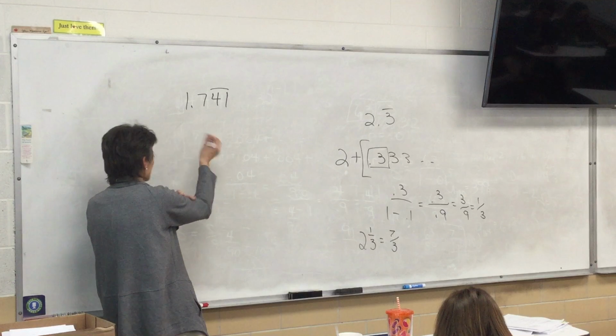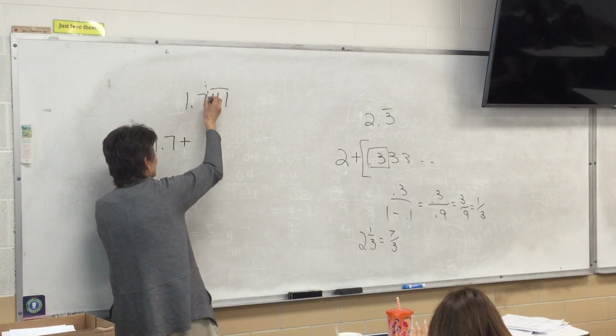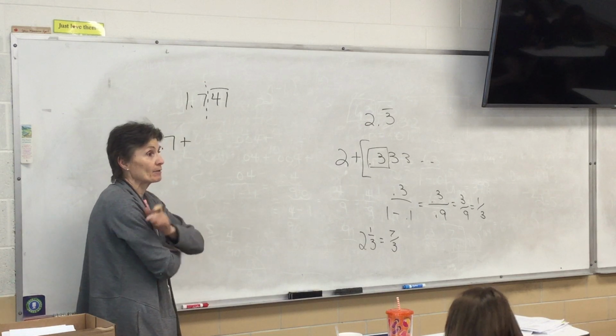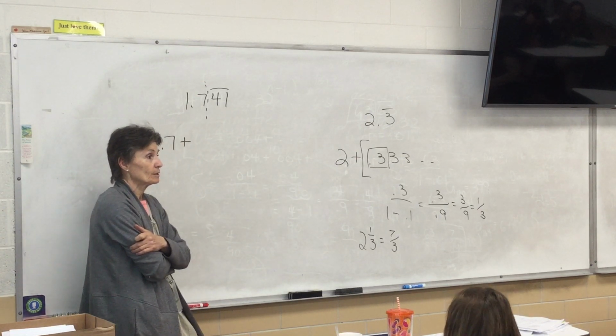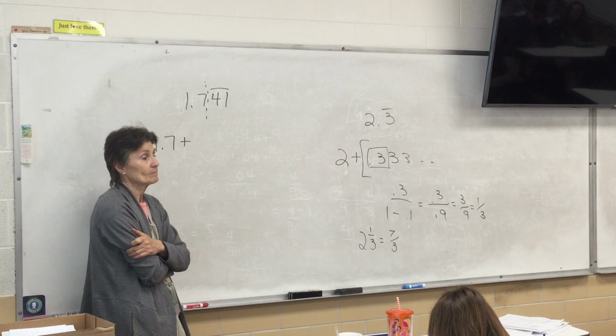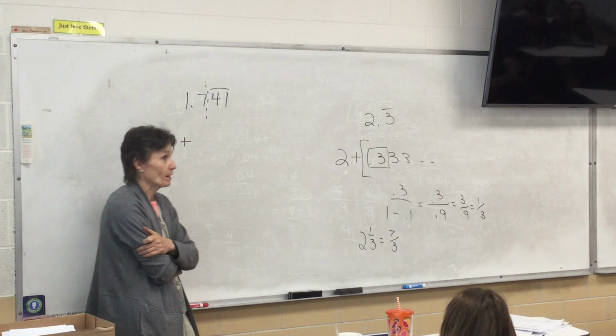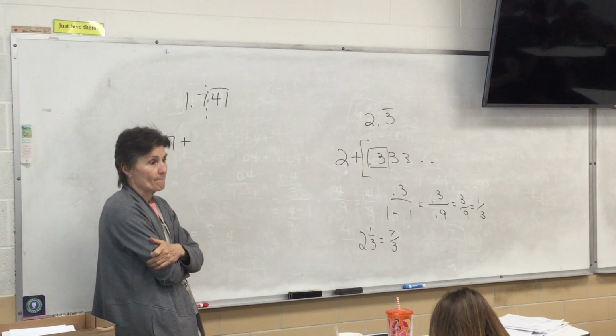So we got to remove the 1.7 because it's not part of the repeating pattern. And the formula is only going to work on the repeating pattern, right? All right, so now what? You're right, I have to pull that off, deal with him separately. Now what?